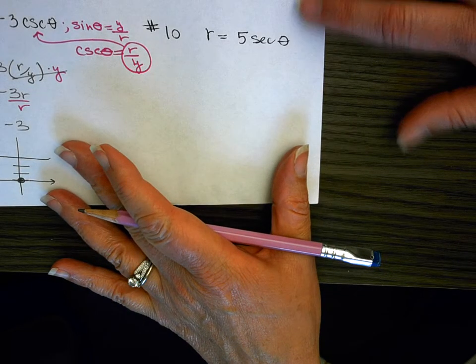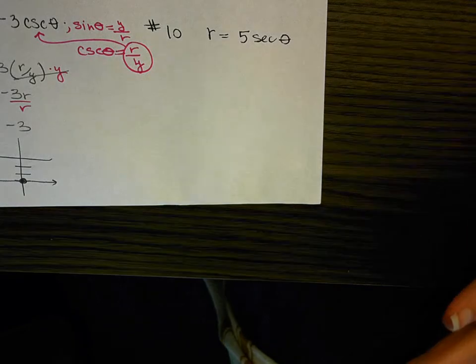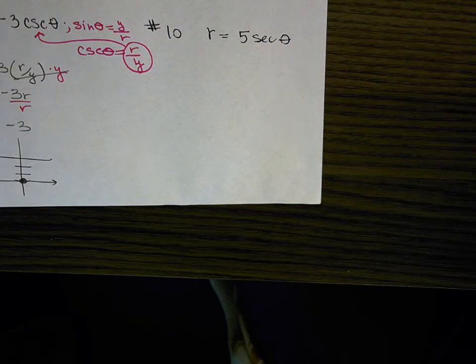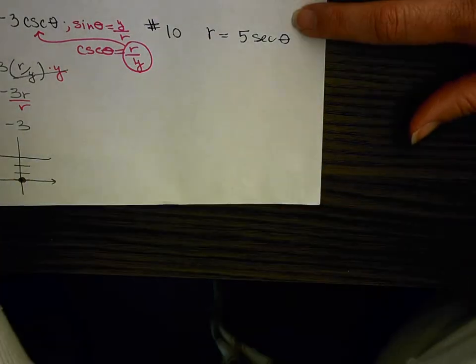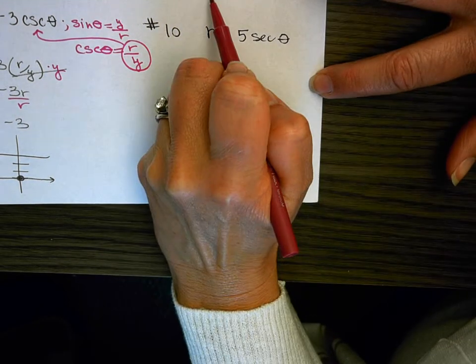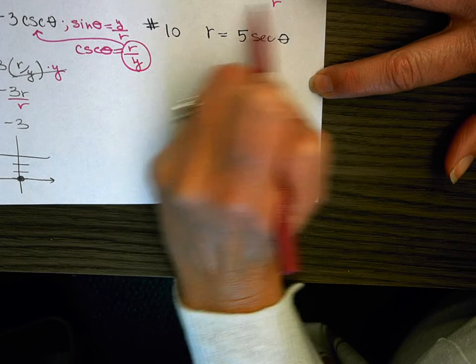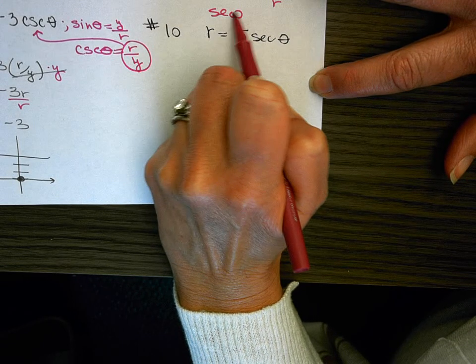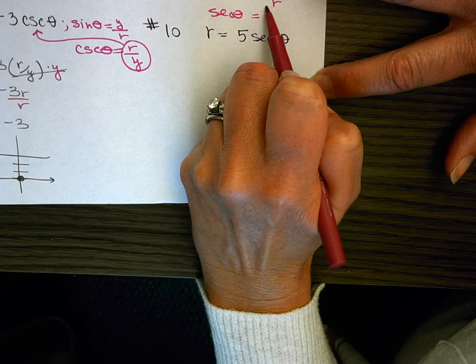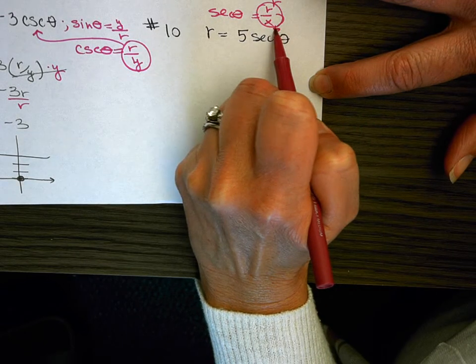So for this one here, again, if I happen to know secant is cosine, cosine is my x, I know it's an x equals graph, right? Okay, so I can shortcut a little bit there. So I'm going to start with, I know that cosine is x over r, and the reciprocal of cosine is secant, and its reciprocal ratio is r over x. So I'm going to take that and swap it out for that secant.